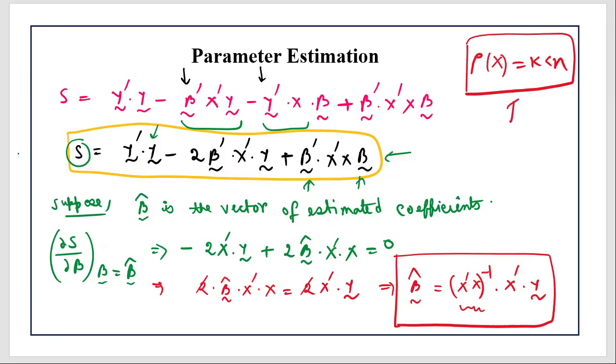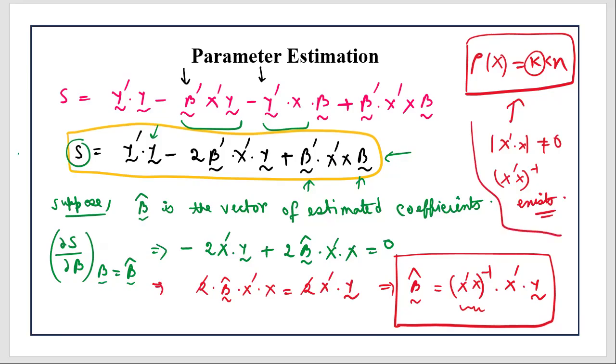The rank of the design matrix should always be full rank, that is, all the rows and the columns of the design matrix should be linearly independent of each other. If this is the case, then the determinant of X prime X will not equal 0, and hence the inverse also exists. That is why this full rank assumption is very, very important. I told you previously that this will come in handy when we study parameter estimation, and that is the usefulness of this assumption.